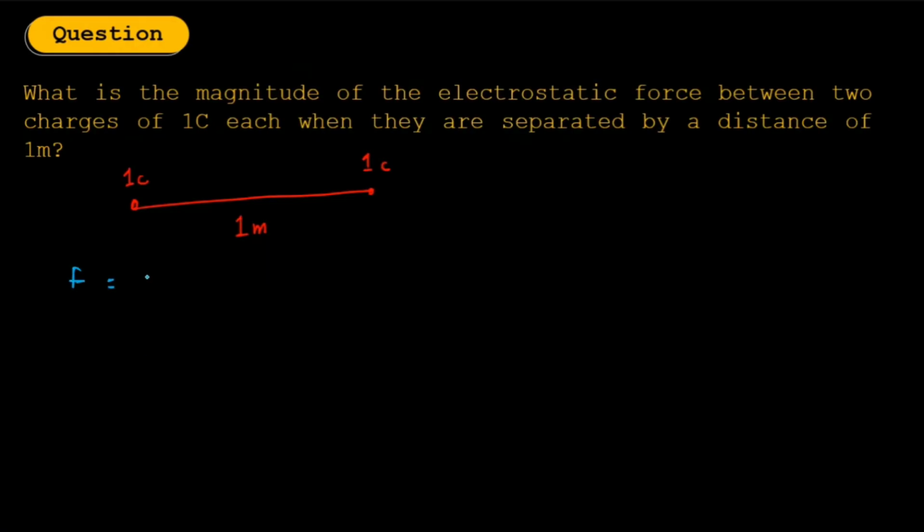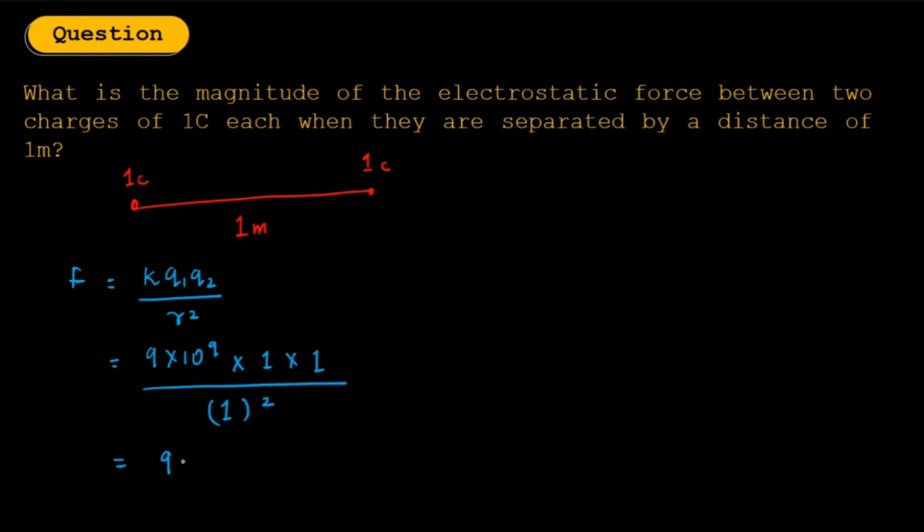Simply apply the formula. The electrostatic force has the formula K Q1 Q2 over R square. K has the value I already told you, 9 into 10 to the power 9, where Q1 is 1 coulomb, Q2 is again 1 coulomb, and the distance between them is 1 meter, squared.